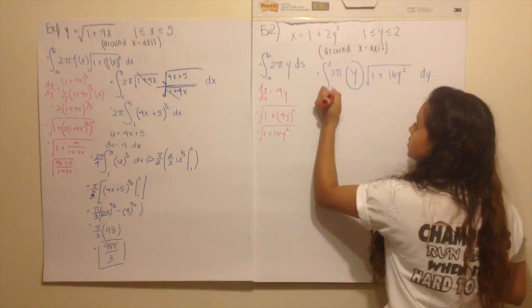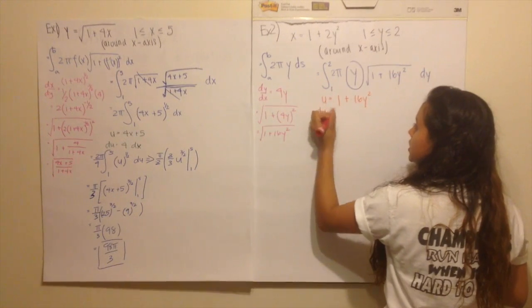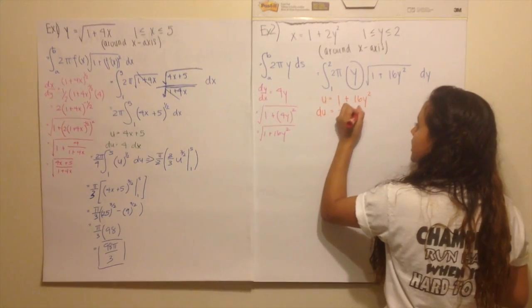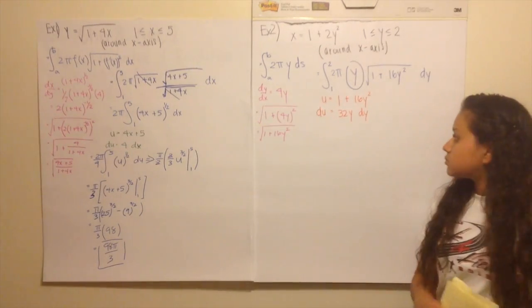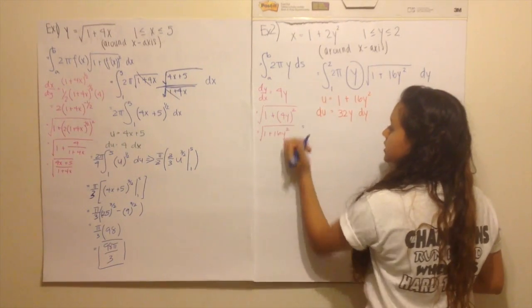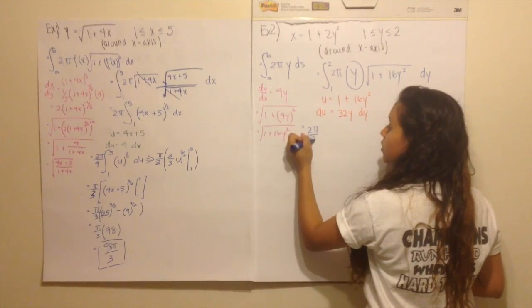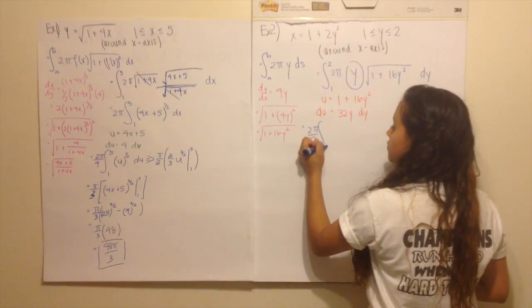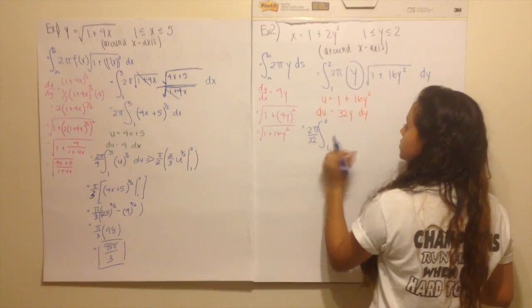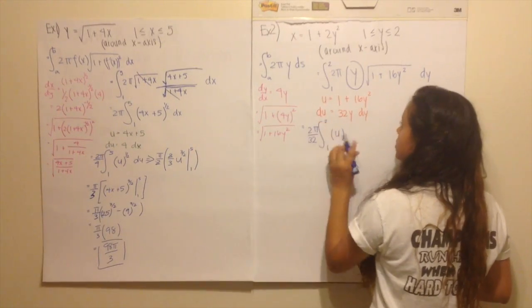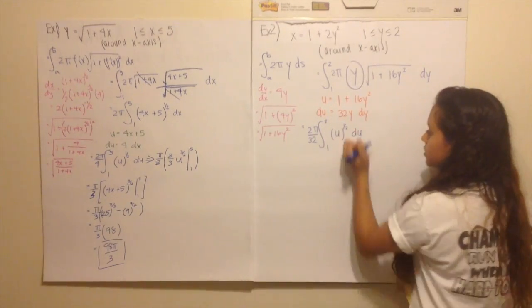Now we can't actually solve that directly, so we would use substitution again. So u equals 1 plus 16y squared. du equals 32y dy. Having that said, we get pi times 2 over 32, the integral from 1 to 2, and as you can see, it works out well, so we just end up getting our substitution into exponential form, du.